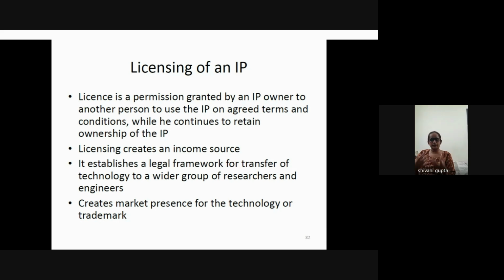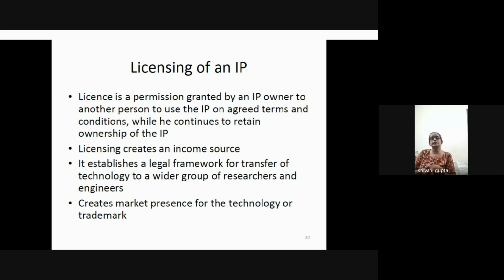That owner allows another person to use the registered IP on particular terms and conditions on which a contract is made, and the principal owner retains the ownership of the intellectual property right. Licensing is also devised as creating an income source, and it establishes a legal framework for the transfer of technology to a wider group of researchers and engineers.